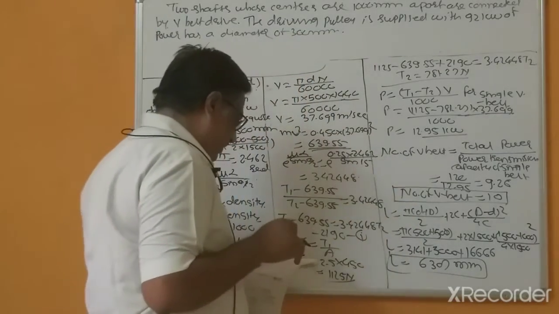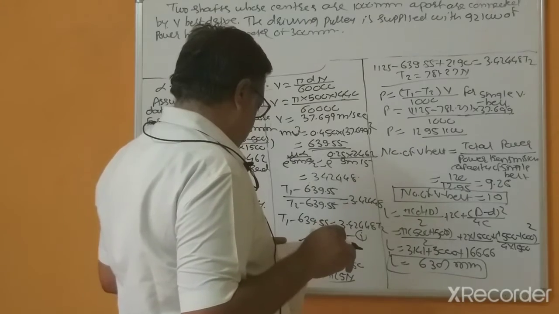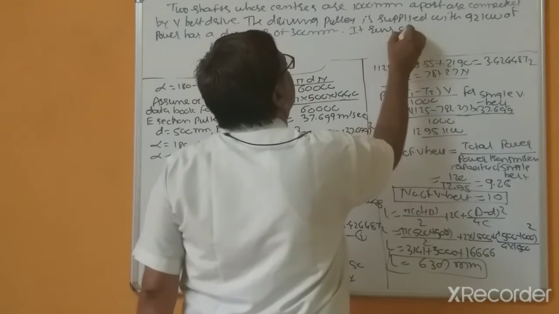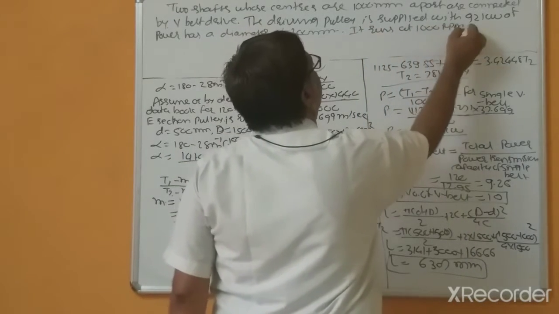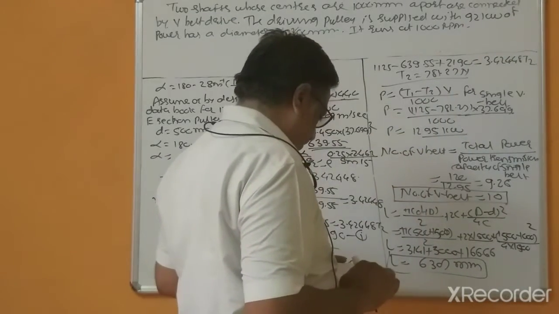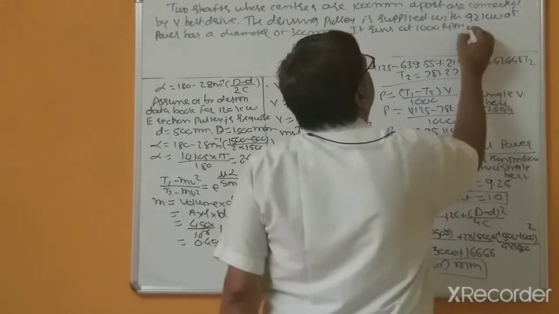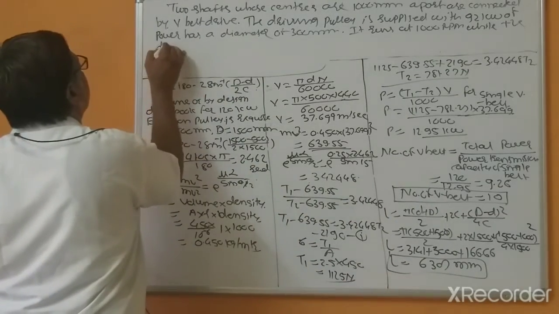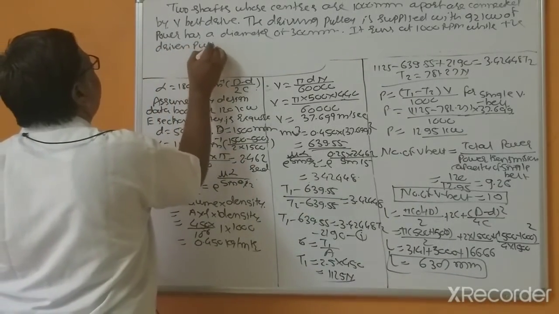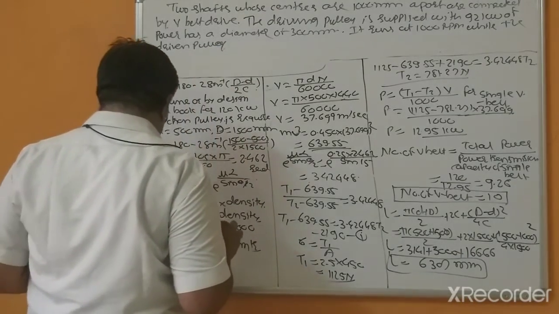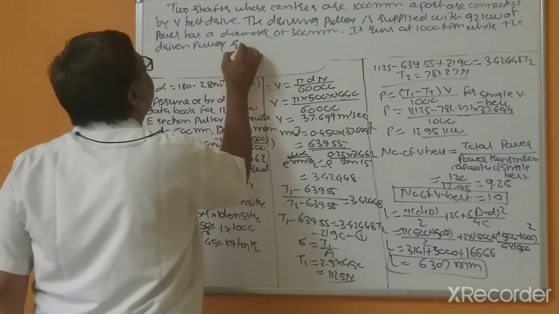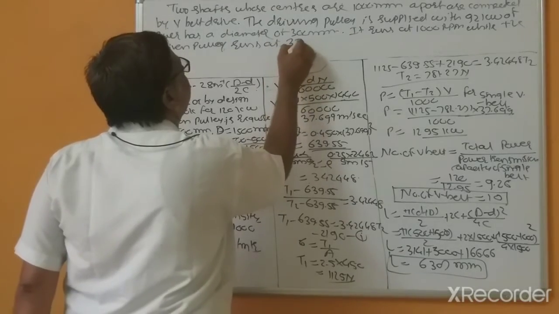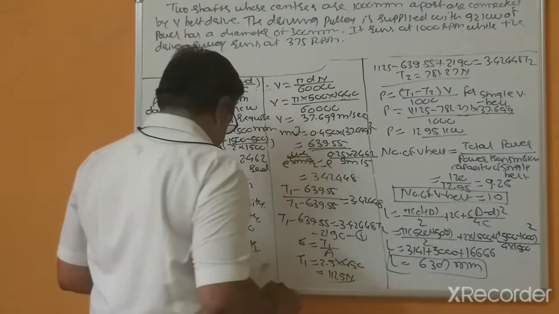So in this problem, diameter is given. It runs at 1000 rpm, while the driven pulley runs at 375 rpm.